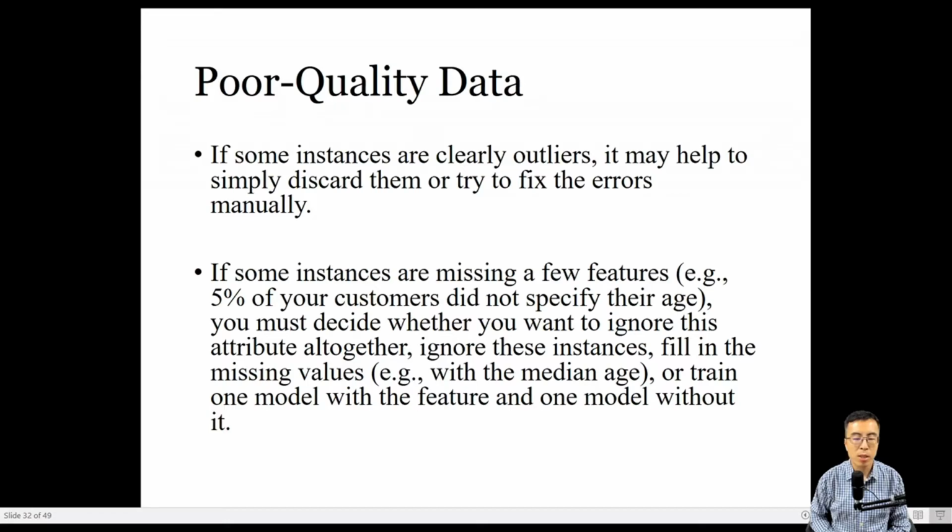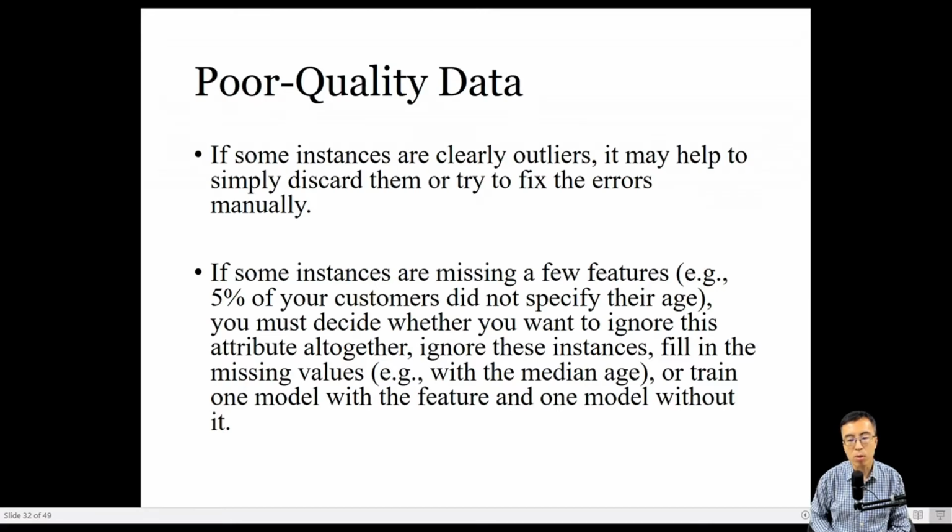But the situation can become more complicated if, for example, some instances are missing a few features. Say 5 to 10% of your customers did not specify their age or gender. Then you must make some decisions, and of course those decisions are going to have a consequence and have some kind of trade-off that you need to weigh in.